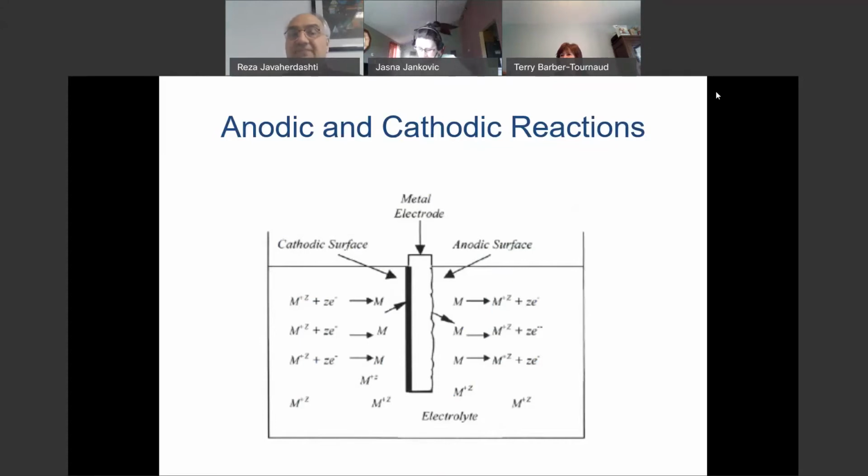It may be interesting to know that when we talk about electrolyte, I can give you an example: if you compare seawater with distilled water, corrosion in distilled water could be much, much higher than in seawater. And this is one of my questions to you. Why do you think it is so?